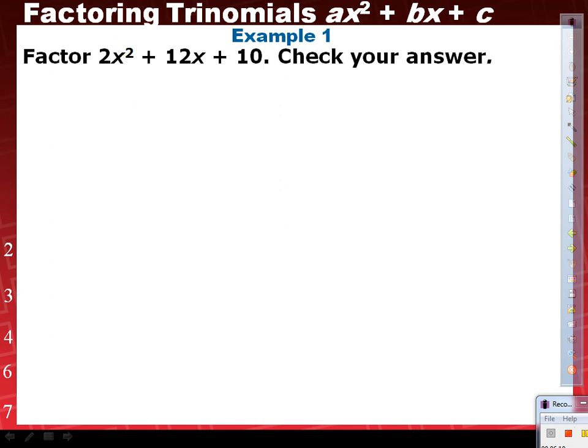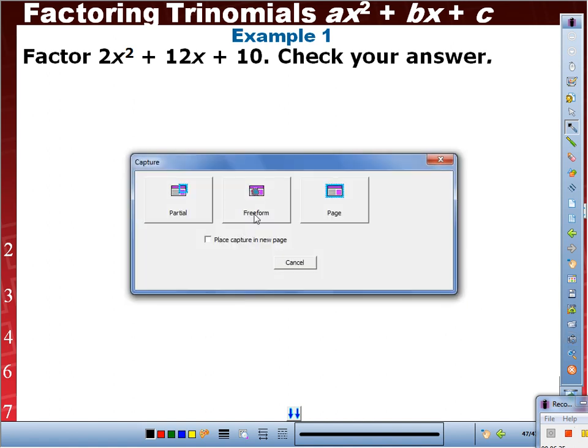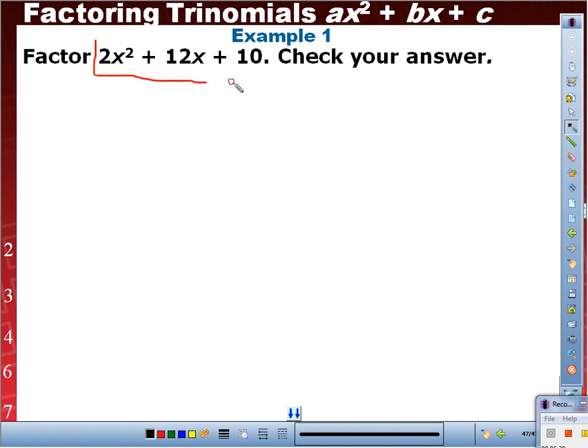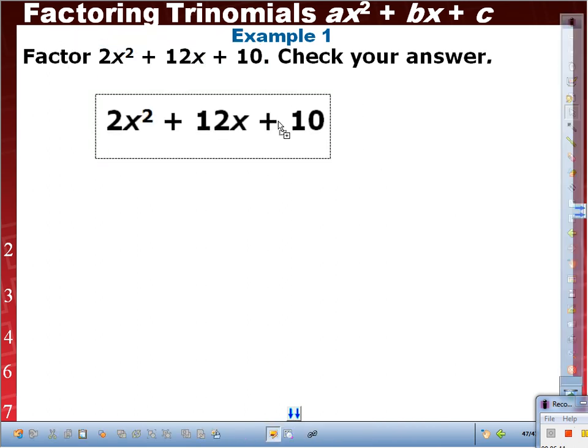Once again, example 1, factor 2x squared plus 12x plus 10, and check your answer. All right? So, let me get this started for you guys. Here we go.